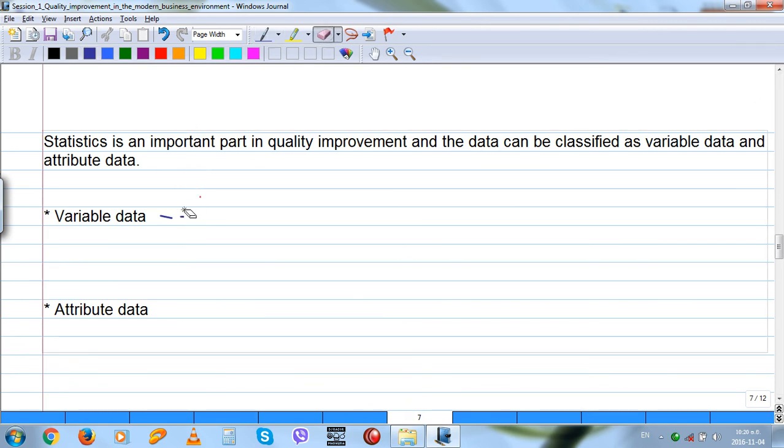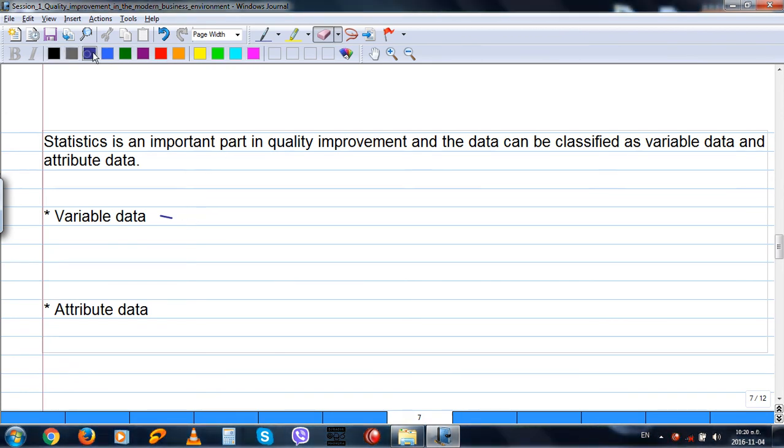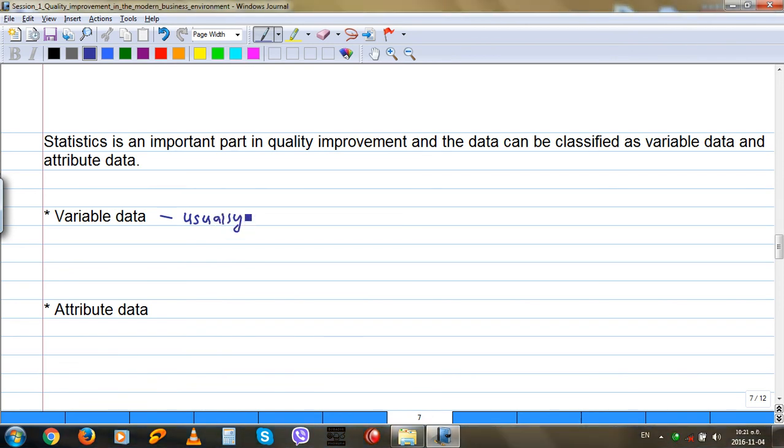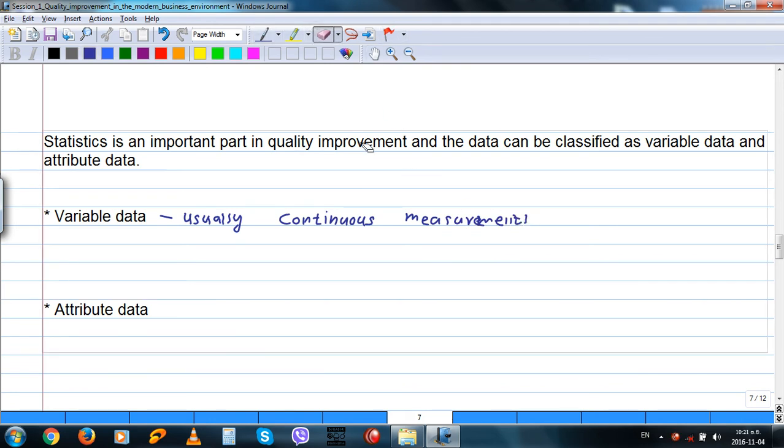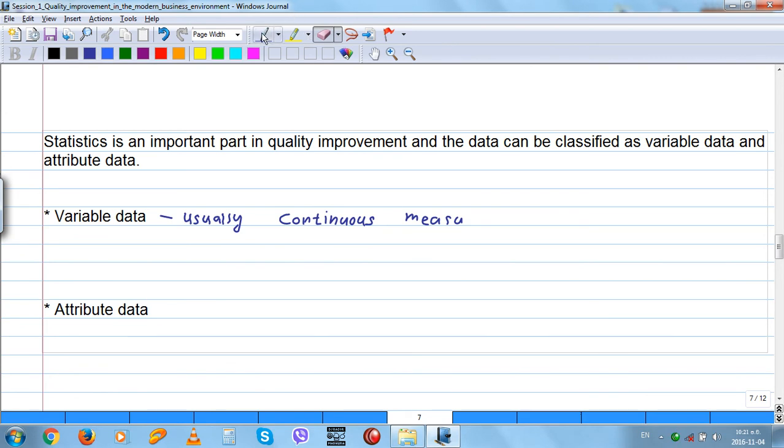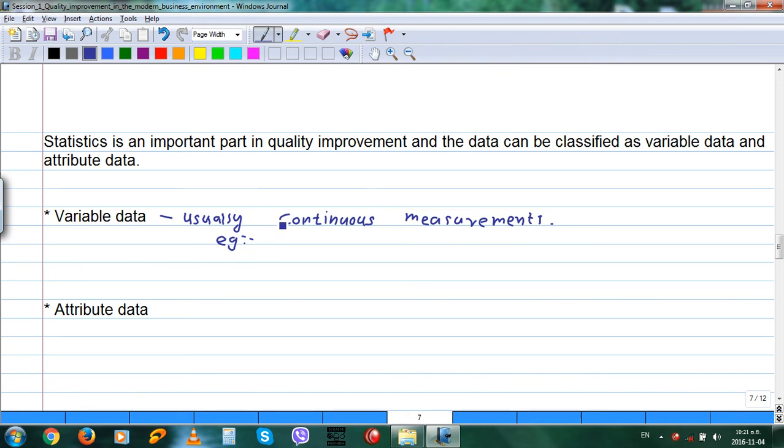Usually we take variable data as continuous measurements, that is, data with continuity.